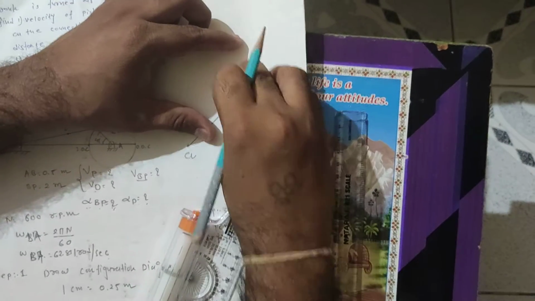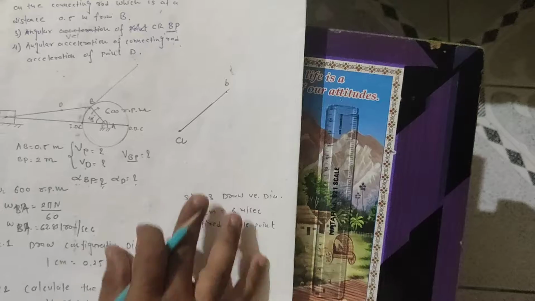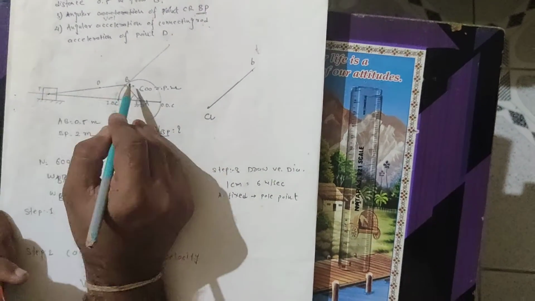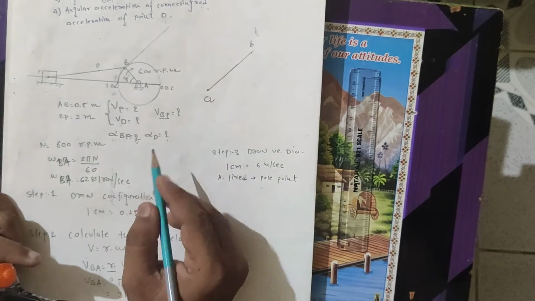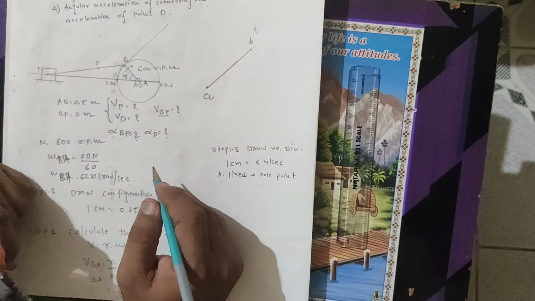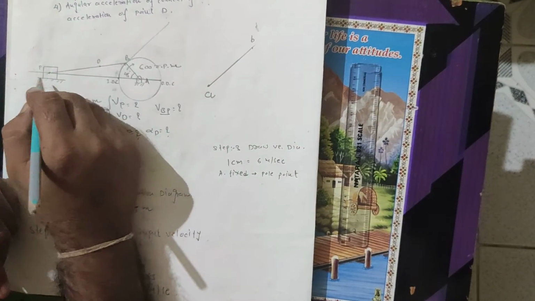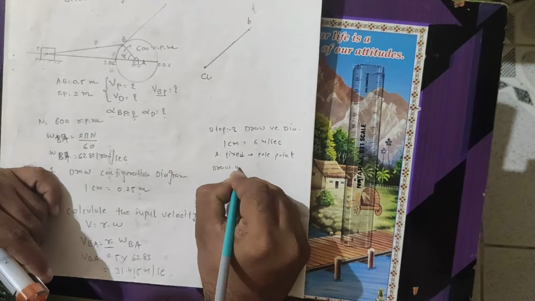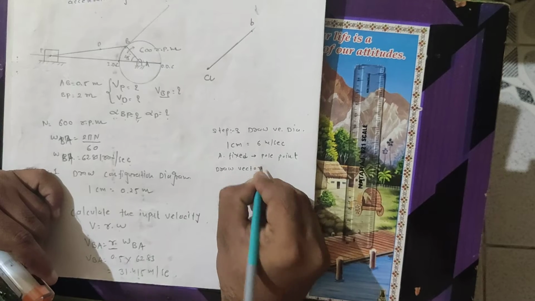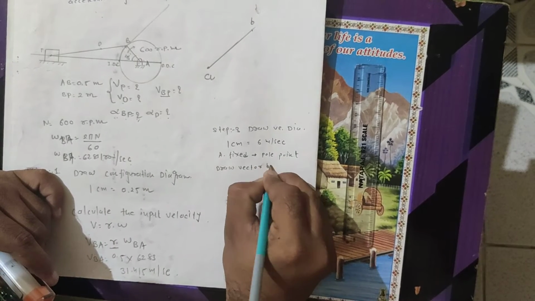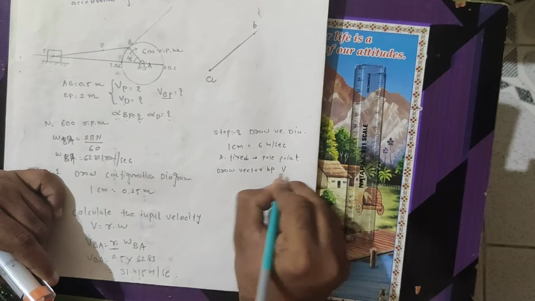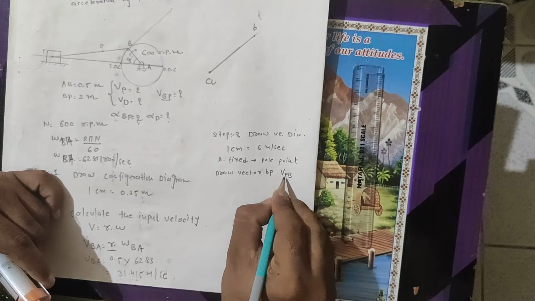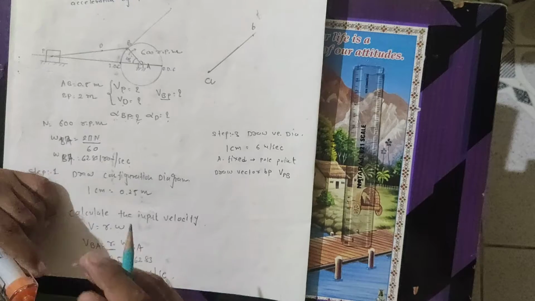As per the dimension, now from point B we have to draw the PB link. So we have to draw the vector BP, which represents the velocity of P with respect to B. It means the velocity of PB.